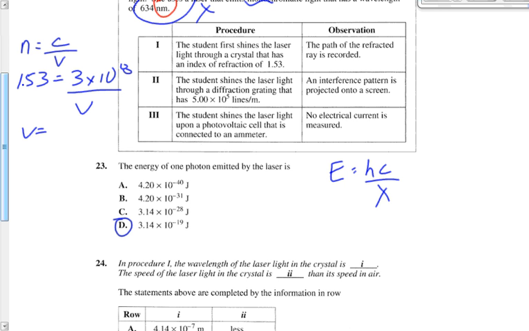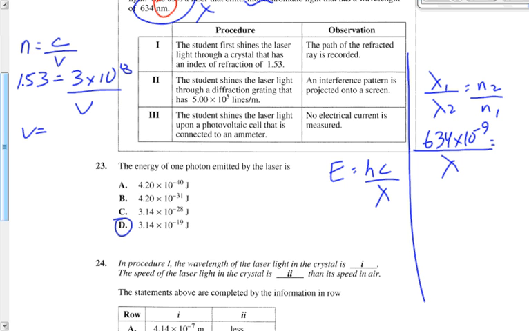Is that valid, guys? Have I done anything wrong on that? Not at all. Yeah, I'm not sure it's the best way to go, though. Let's try this another way. Let's say lambda 1 over lambda 2, Snell's law, equals n2 over n1. Let's assume that we're going from air to this crystal. We got the wavelength in air, looking for the wavelength in crystal.